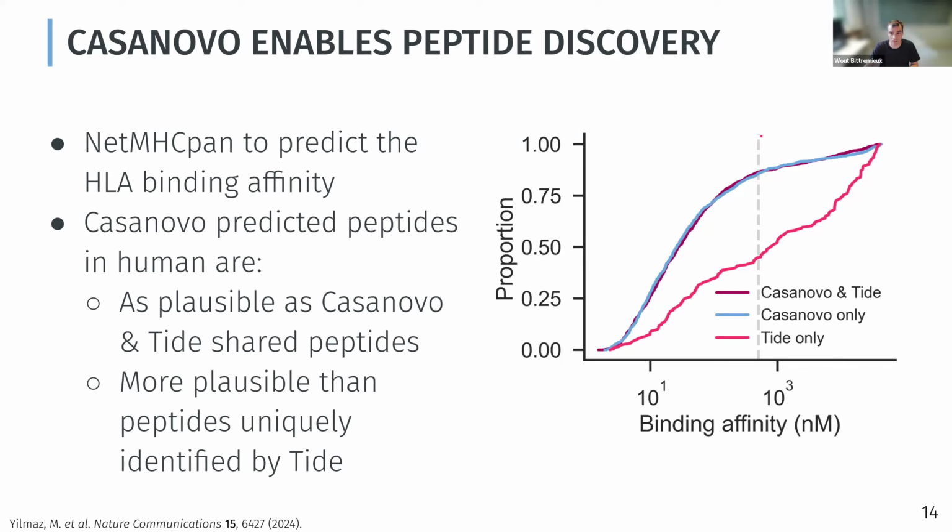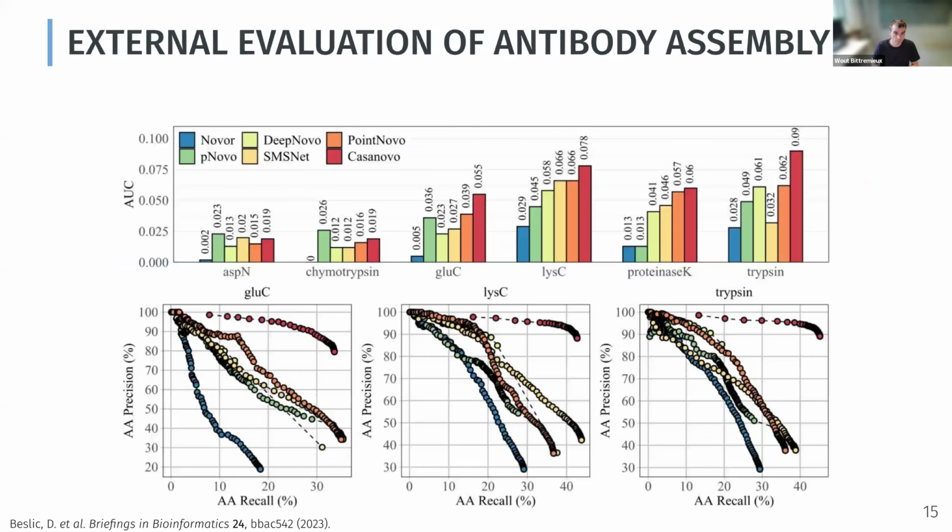Here this dashed line indicates strong binders, so 80% of those predictions can be considered strong binders, whereas the peptides that were predicted by the database search only were considered to be much weaker binders. This is a bit of an orthogonal evaluation that indicates that the peptides Casanovo was able to find, including those unique to Casanovo that were not found by Tide, are very plausible candidates for these known HLA types.